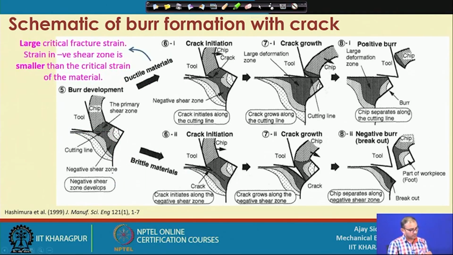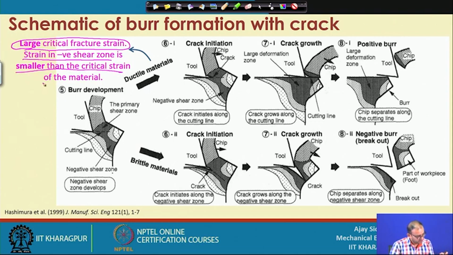In ductile material, it has a large critical fracture strain, because it does not fracture very easily, and the strain in the negative shear zone is smaller than the critical strain of the material. Because it is extended on the edge of the workpiece, the strain in the negative shear zone is smaller than the critical strain, so the material will not separate out very easily compared to the brittle material.